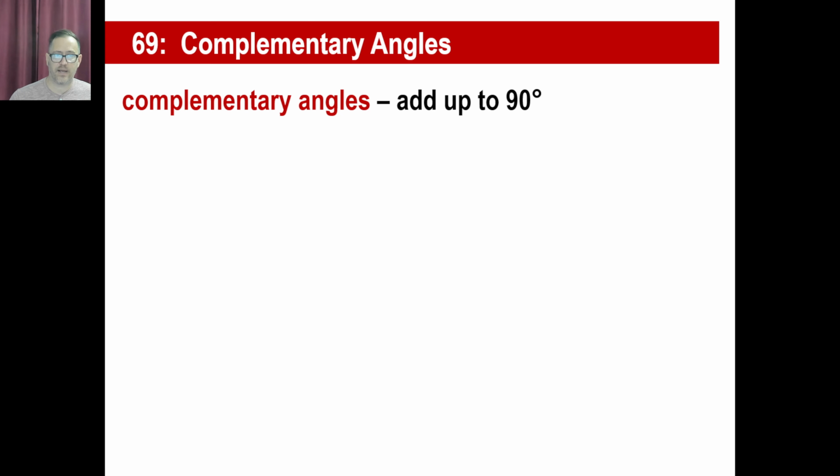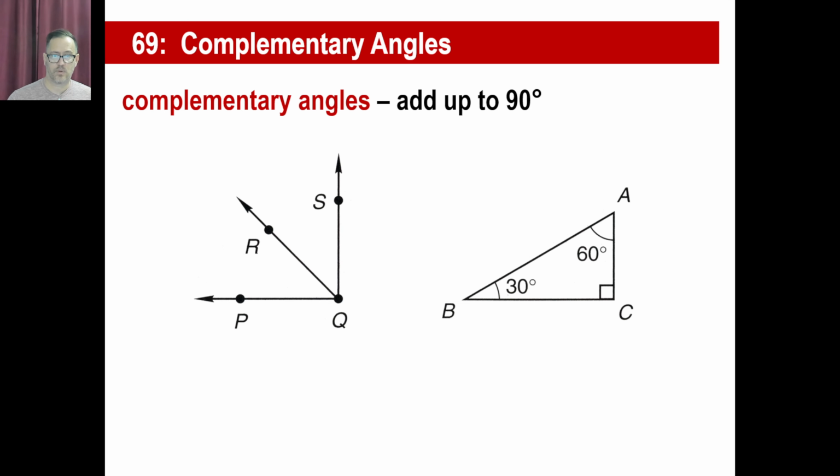But two complementary angles are right next to each other, and they add up to 90 degrees. And this is what it looks like. A complementary angle will be something like, remember we named these angles like PQR, or we could also say RQP. And this angle here, the first one we did was just then, could be angle SQR or RQS or whatever.